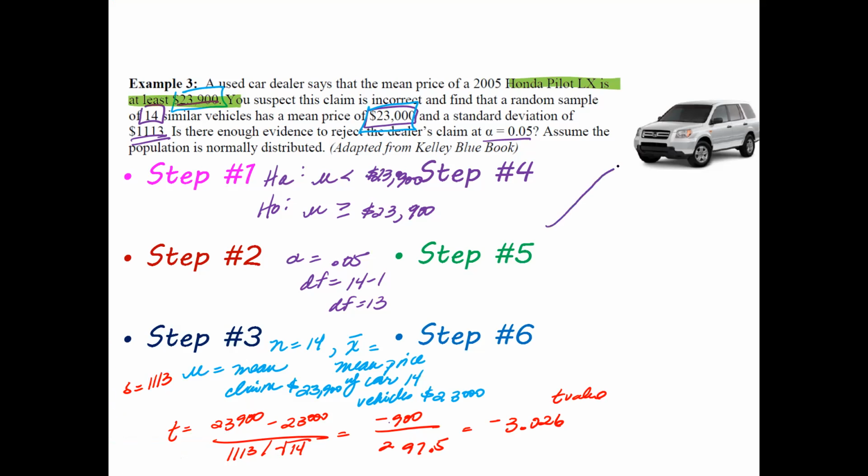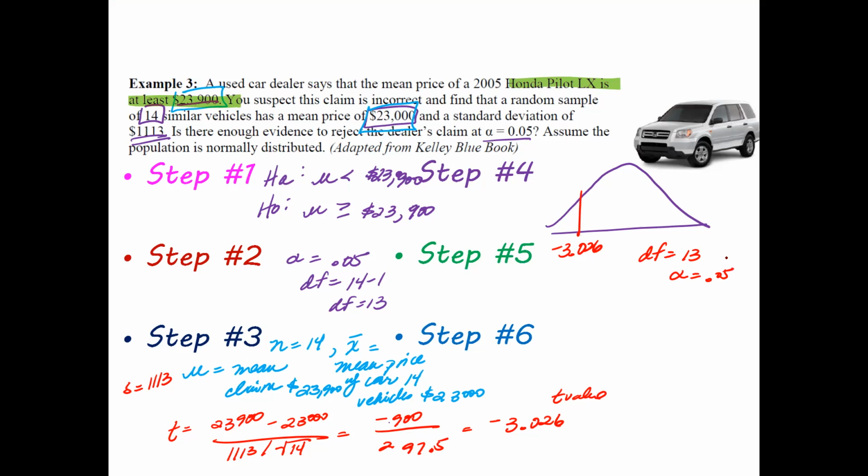Step number 4, I want to go ahead and draw a picture so I can see how this looks. Now, negative 3.026 is right there on the left side. I need to find my critical t-value. It's also given to me, my degree of freedom is going to be 13. My alpha is equal to 0.05.